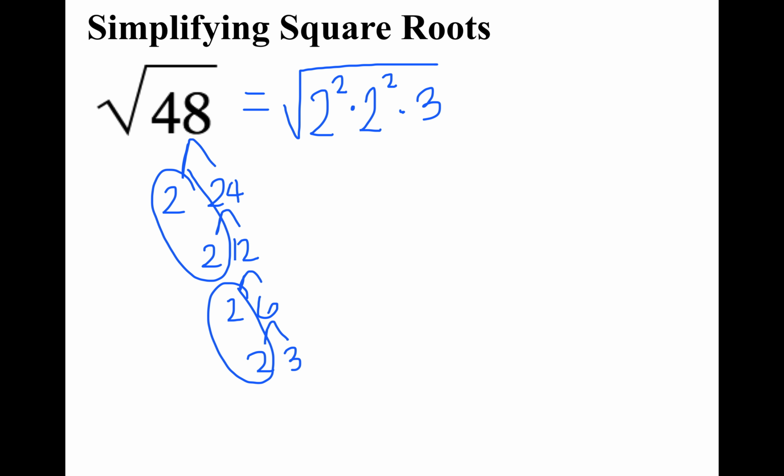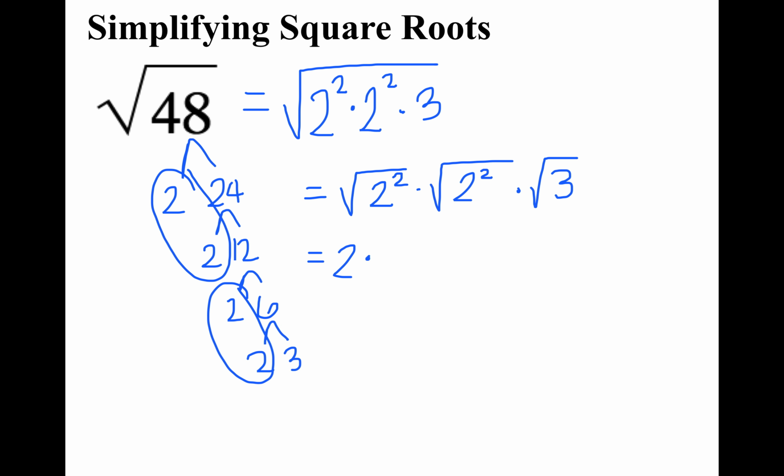Well, I can take a square root and, since there's multiplication in the square root, I can write it as multiple square roots that are multiplied together. So square root of 2 squared times the square root of 2 squared times the square root of 3. Well, the square root of 2 squared is just 2.